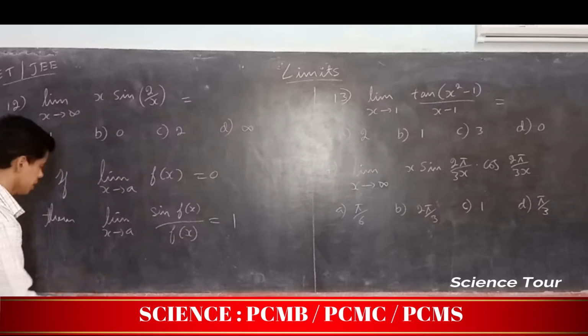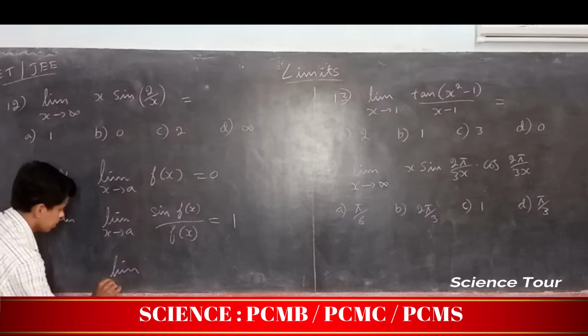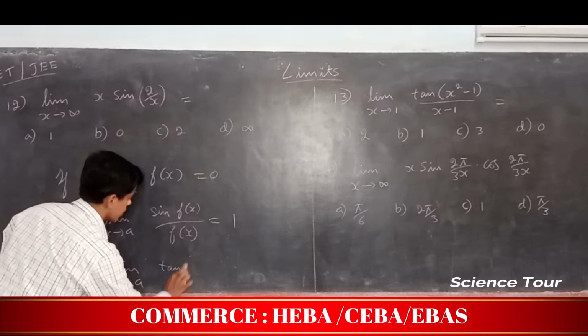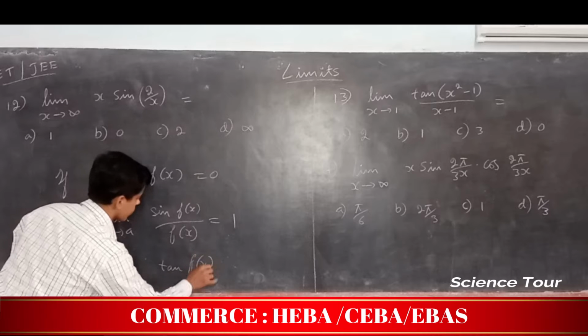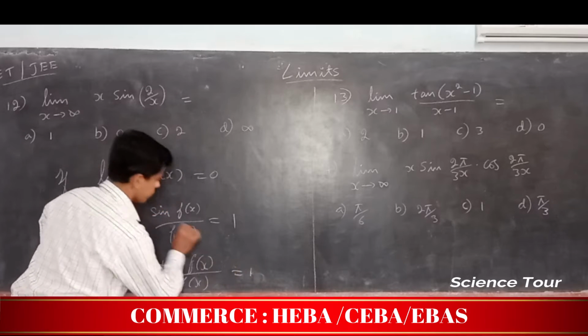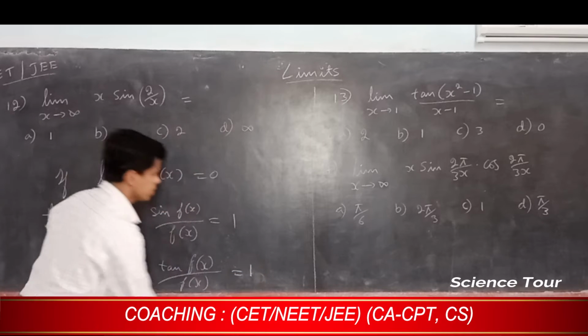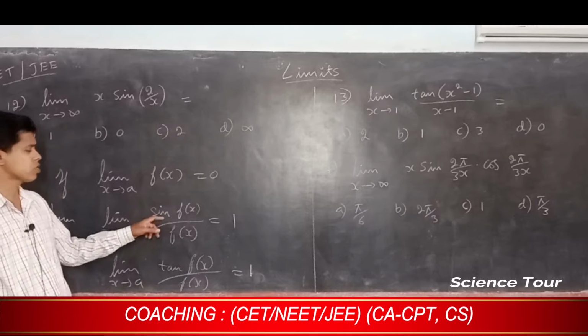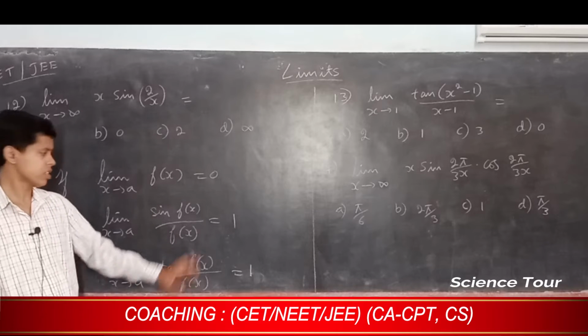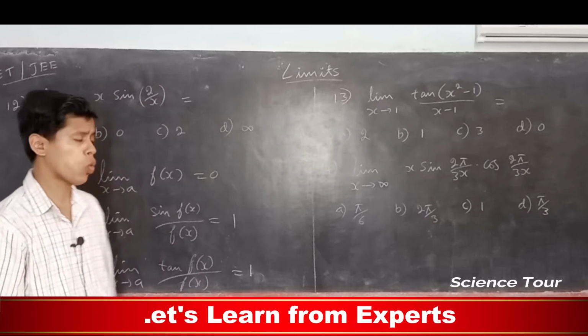Similarly, limit as x tends to a tan f of x divided by f of x will also be 1. Remember these formulas, and even this applies to sine inverse f of x by f of x, tan inverse f of x by f of x, all those things will be 1.